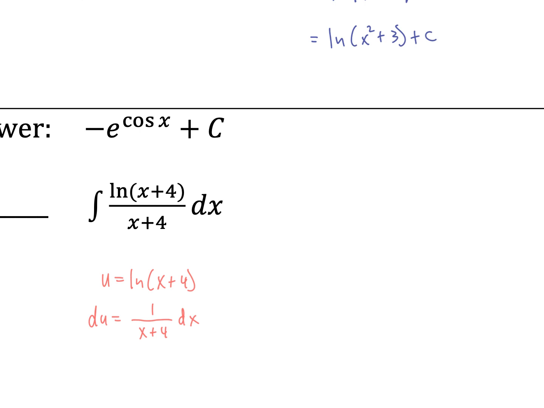Okay. And then when we substitute, notice that this here is really just these two things multiplied. If you multiply this by this, you get the original integrand. And so really this is just u times du. That's all this integral is.